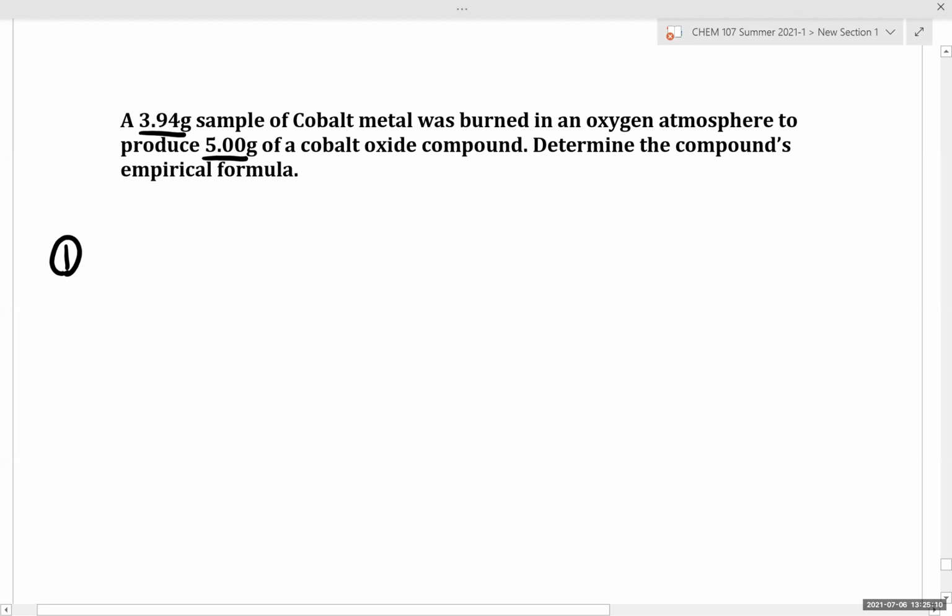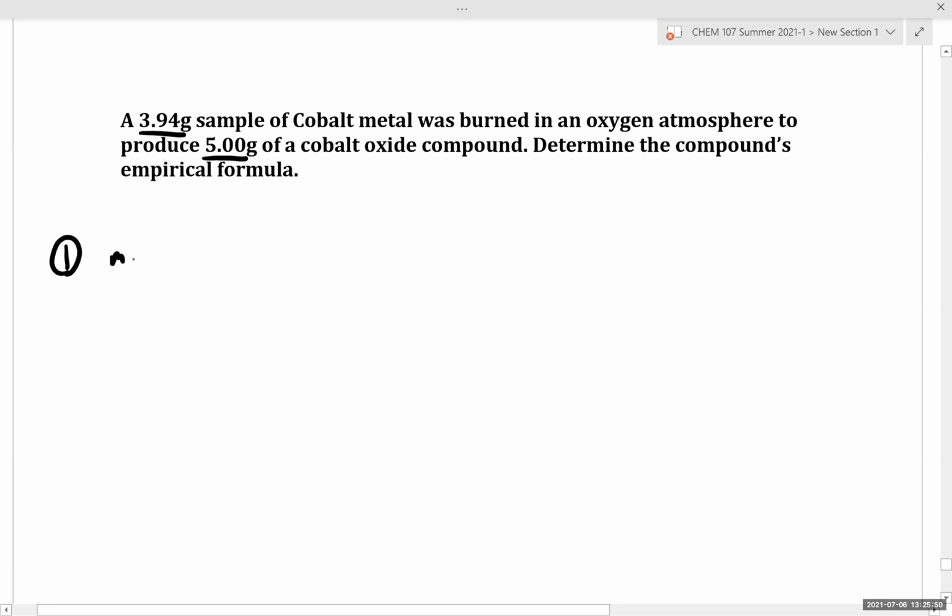So we have the mass of metal, we have the mass of metal oxide, and we can calculate the mass of oxygen. So let's share our initial thoughts here.